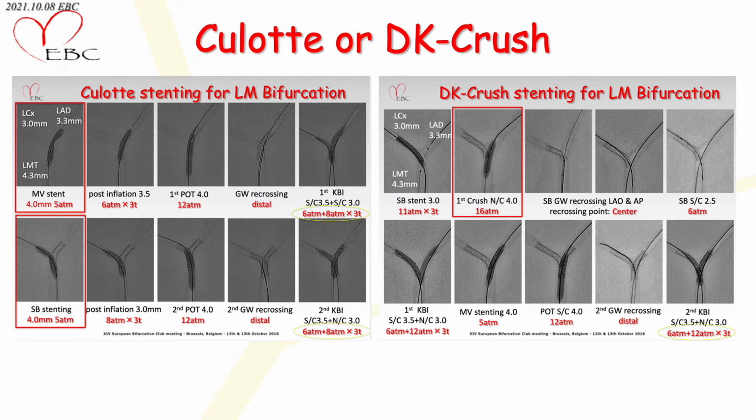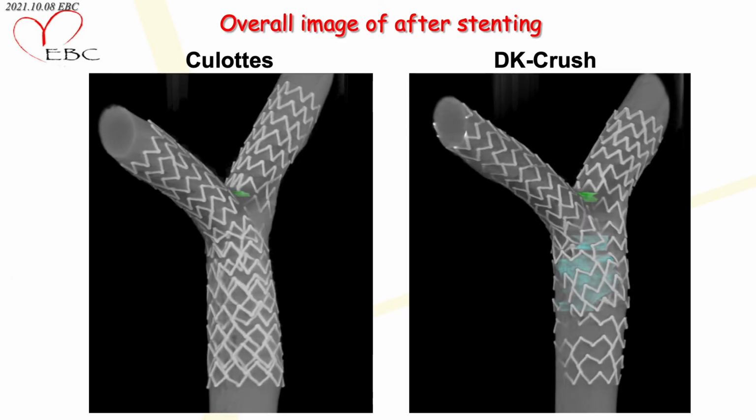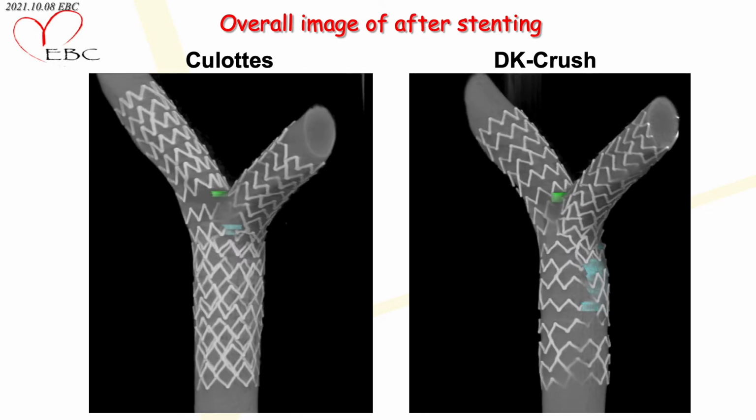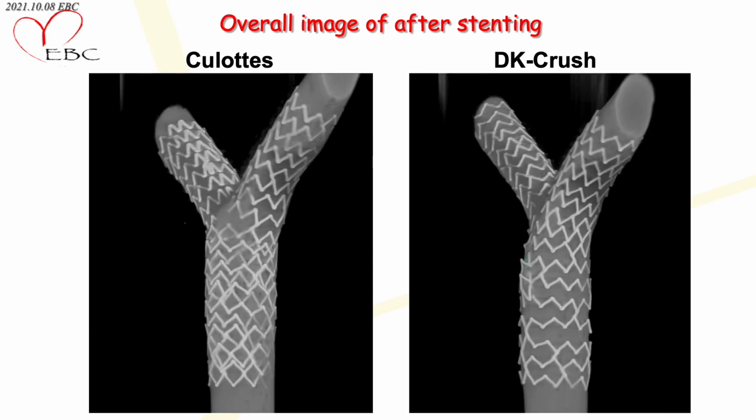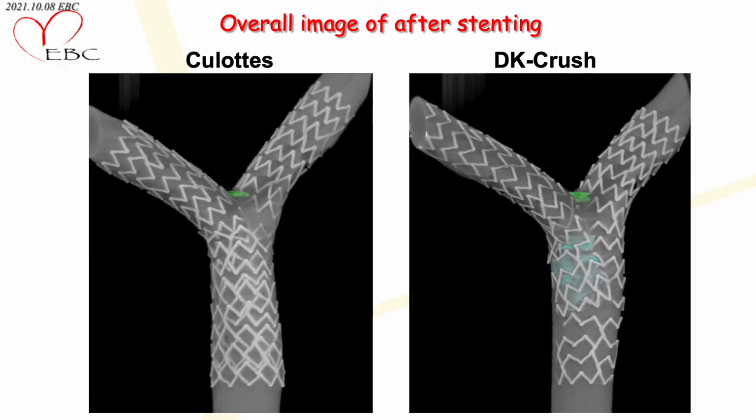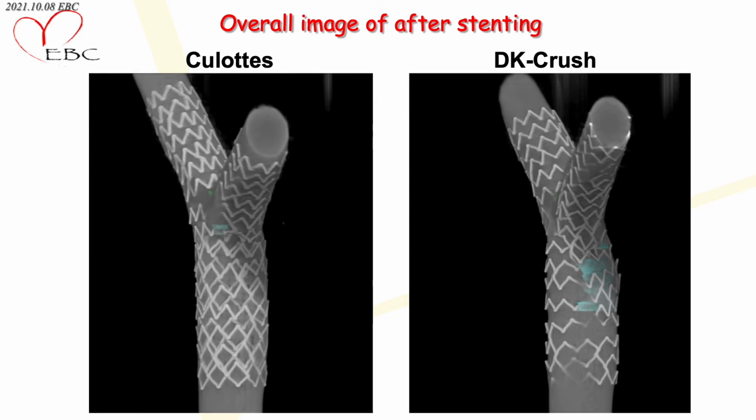For the same left main bifurcation model, Culotte stenting and DK crush stenting were performed 6 times under fluoroscopic guidance using Synergy. The left is Culotte and the right is the whole image of the DK crush. The part of the carina painted in green shows the incomplete apposition.